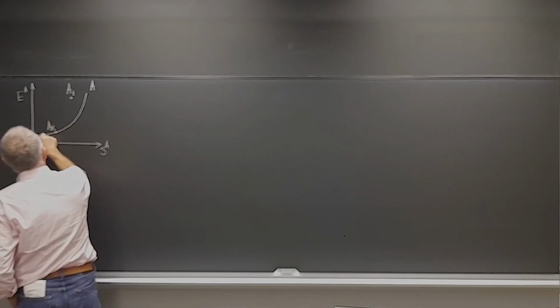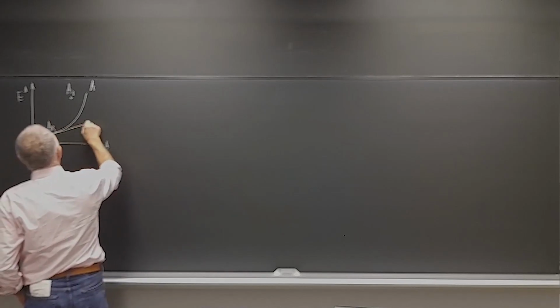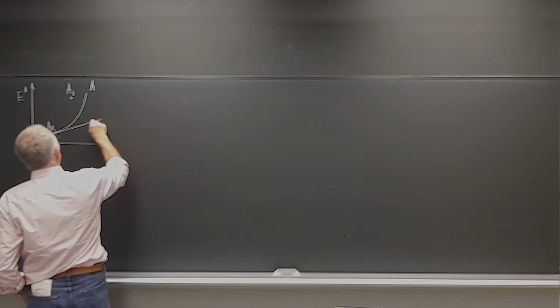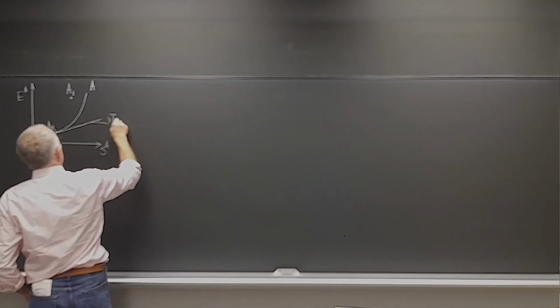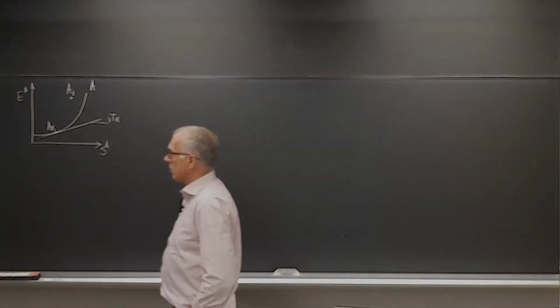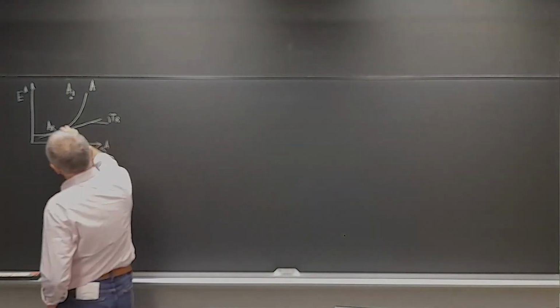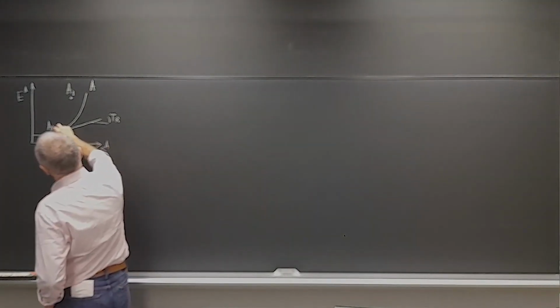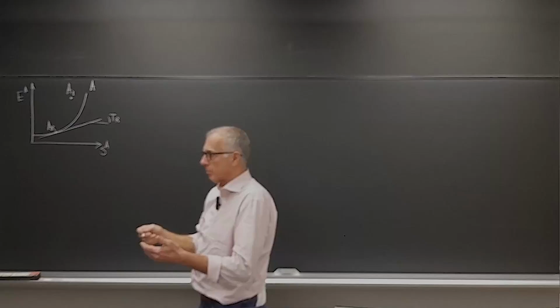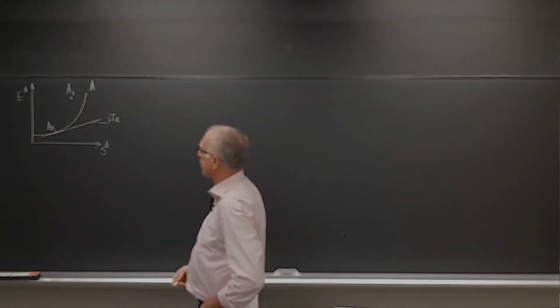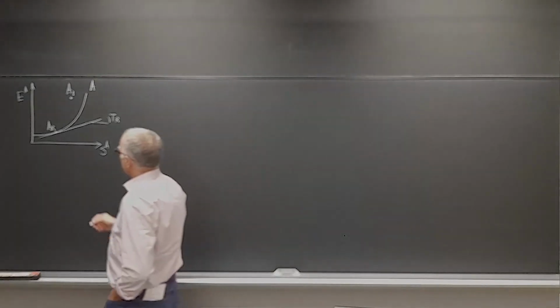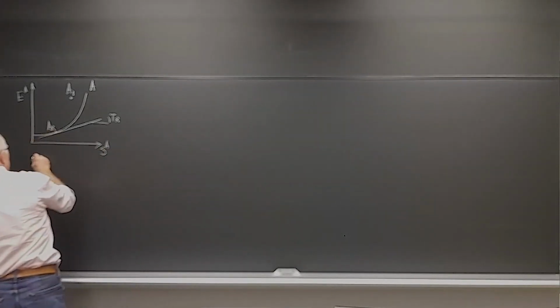That means that the temperature of the reservoir is this one, because when they're in mutual equilibrium, the system and the reservoir have the same temperature. We haven't proved that yet, but we will do it hopefully today, just after this example.